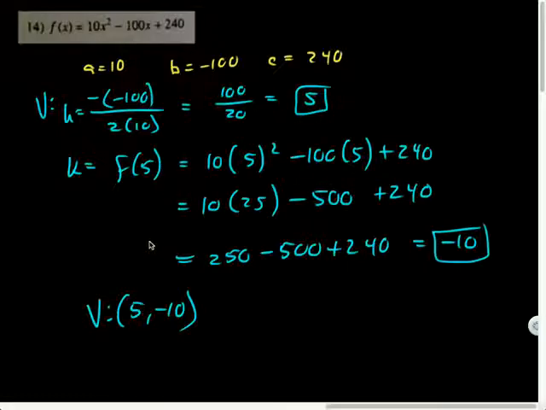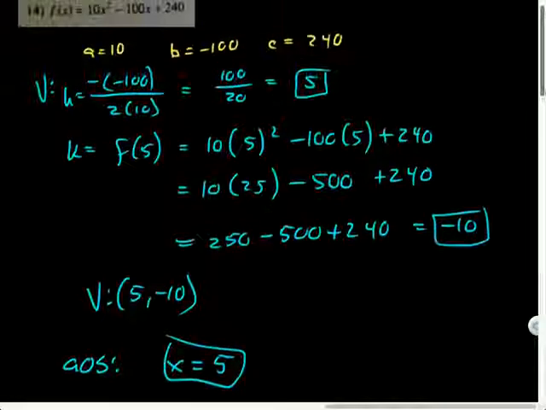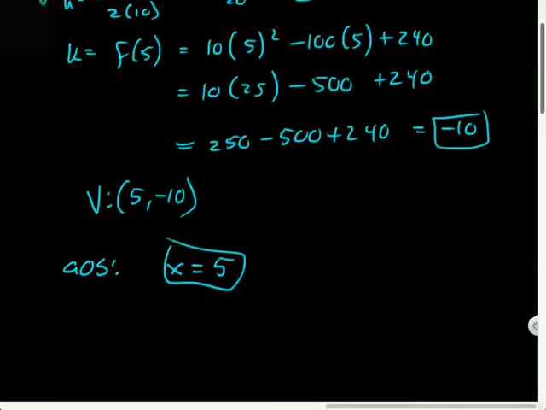Let's see, what else do they want us to know? Axis of symmetry. So for this, the AOS is just going to be x equals h, or x equals 5. And question, does this have a min or a max? How do I know?